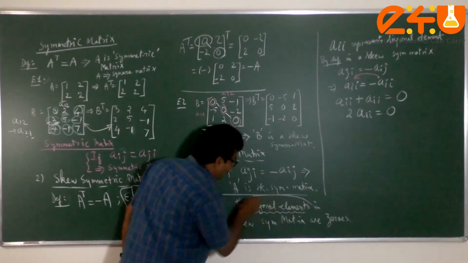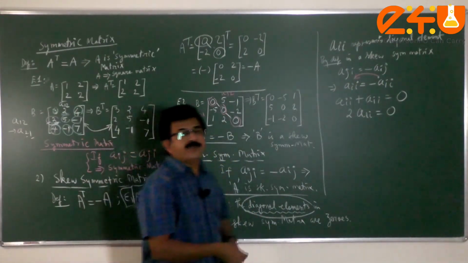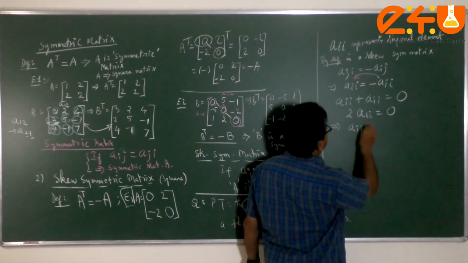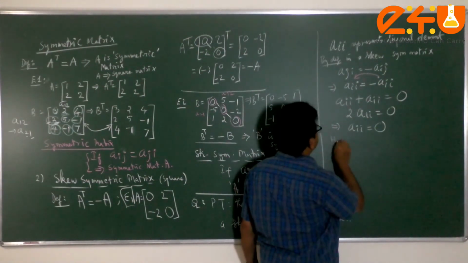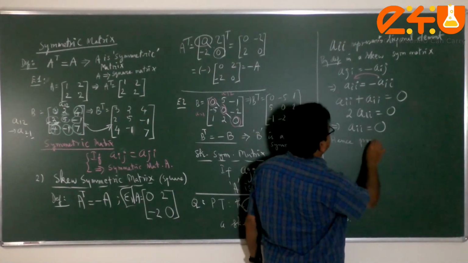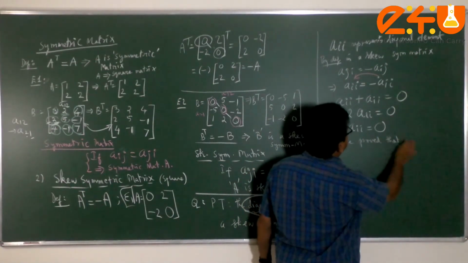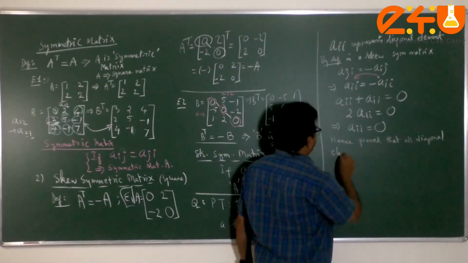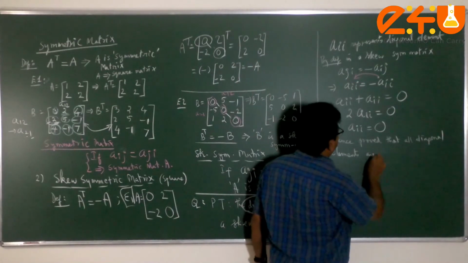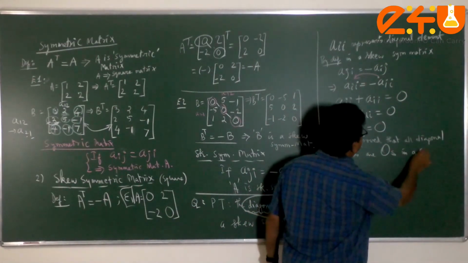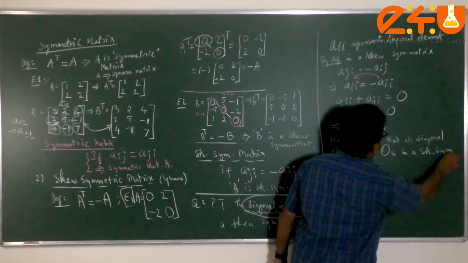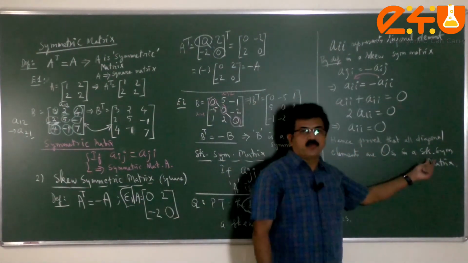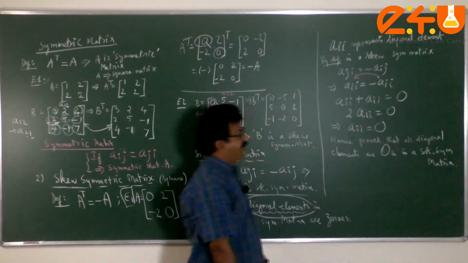So 2 times the diagonal element is 0, which means the diagonal element should be 0. So you can say, hence proved that all diagonal elements are zeros in a skew symmetric matrix. For simplicity, I have given you the short form SKSYM for skew symmetric matrix.